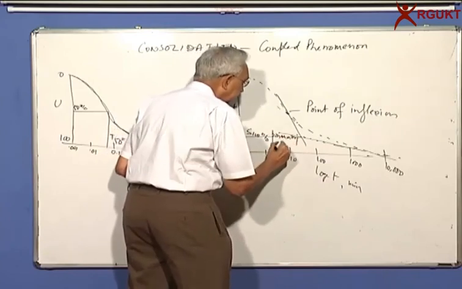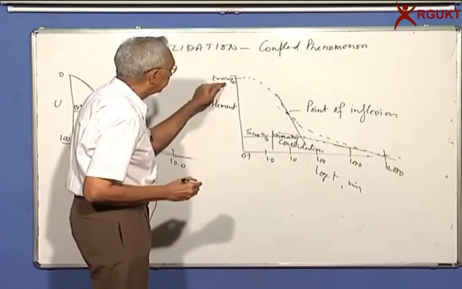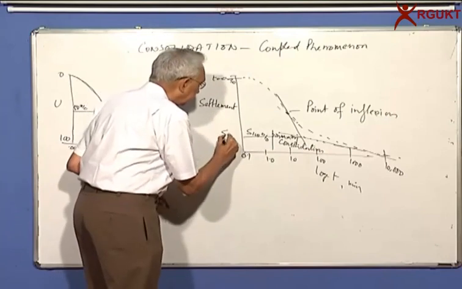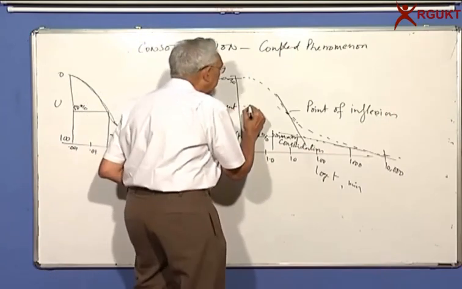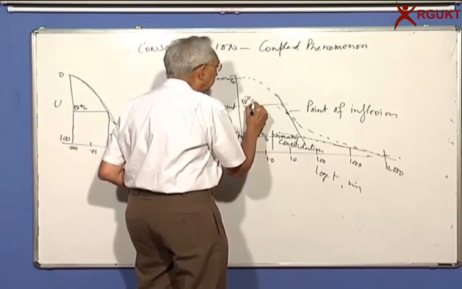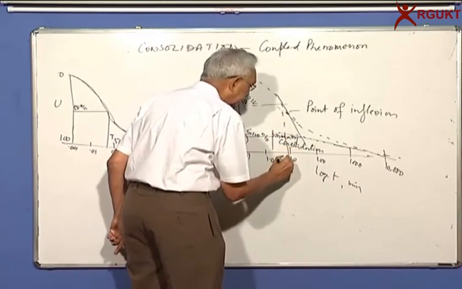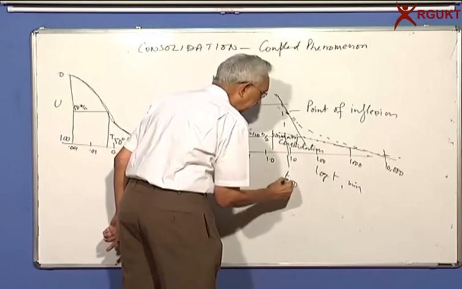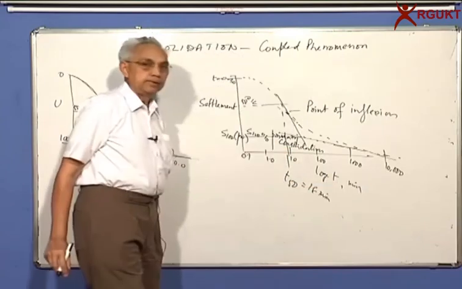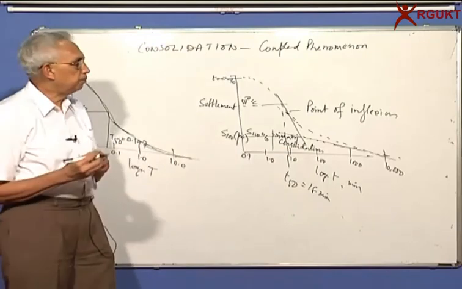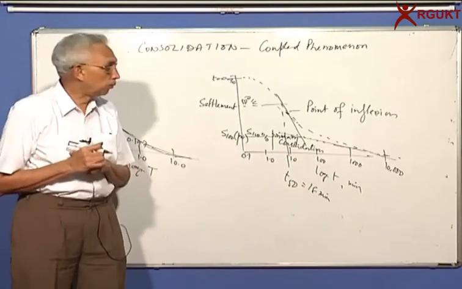primary consolidation. And if I know S0 and S100 for primary, I can immediately pick up 50%, and with respect to 50%, I get T50. Let's say T50 is equal to some 18 minutes. That means after 18 minutes, 50% of the primary consolidation is over.